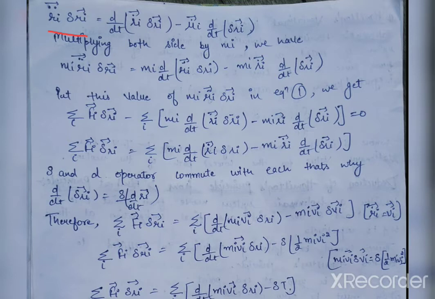Now we multiply both sides by mi and we have mi ri double dot δri equal to mi d by dt of (ri dot δri) minus mi ri dot d by dt δri. Now we put this value in equation 1.